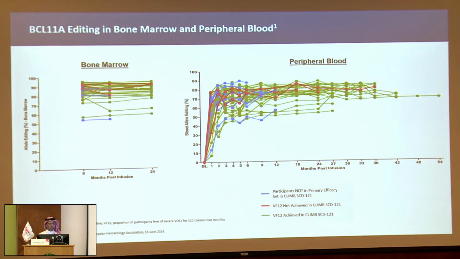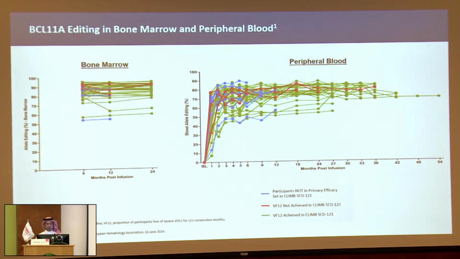As you can see in the green line, these have all achieved the primary endpoint. Those with blue lines did not achieve it. Yes, they have good allele editing, but they remained symptomatic, and some of the red have still not achieved the endpoint yet.